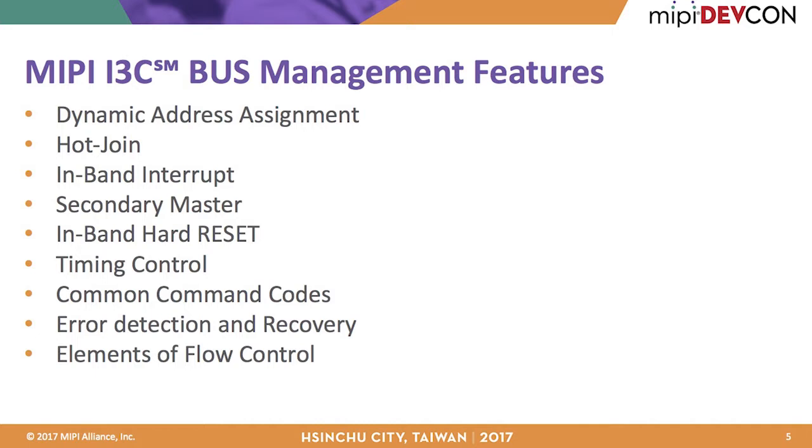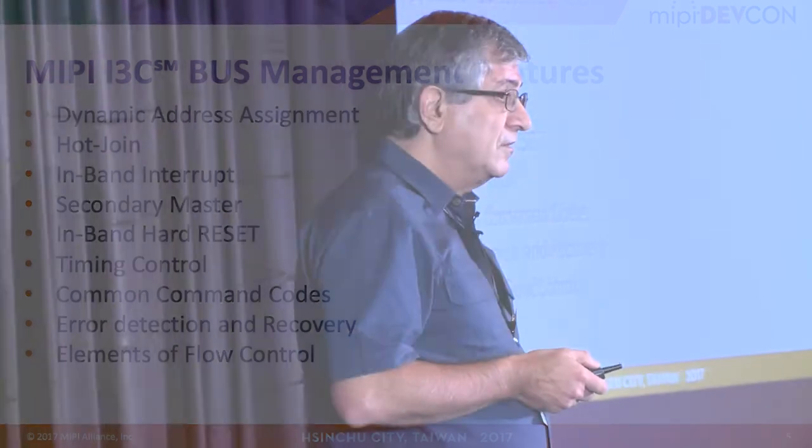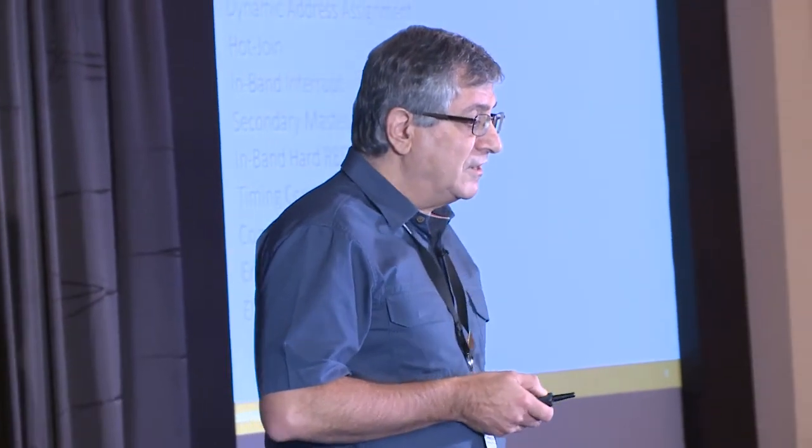We know that many devices have this hard pin reset. It's a physical pin. That function is actually replaced by the in-band hard reset. We have a procedure developed so that the pin reset is actually not needed any longer.